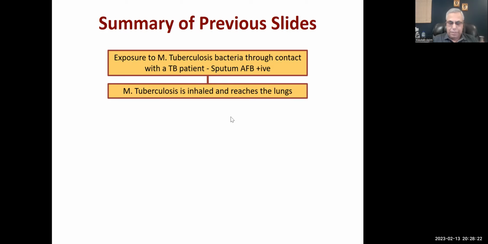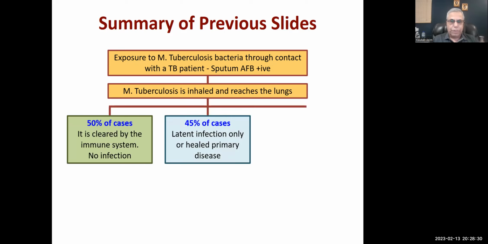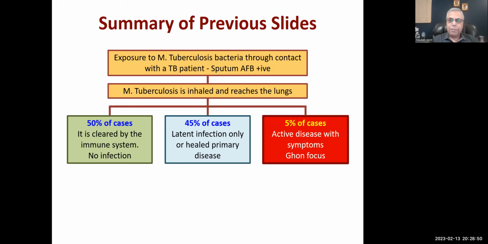It is inhaled by the recipient and it reaches the lungs. 50% of the cases are cleared by the immune system. There is no infection. 45% of the cases have latent infection. So of the 90% that I said have no signs and symptoms, about 50% are cleared, okay? They will never get tuberculosis. All of the mycobacteria are dead in their lungs, okay?